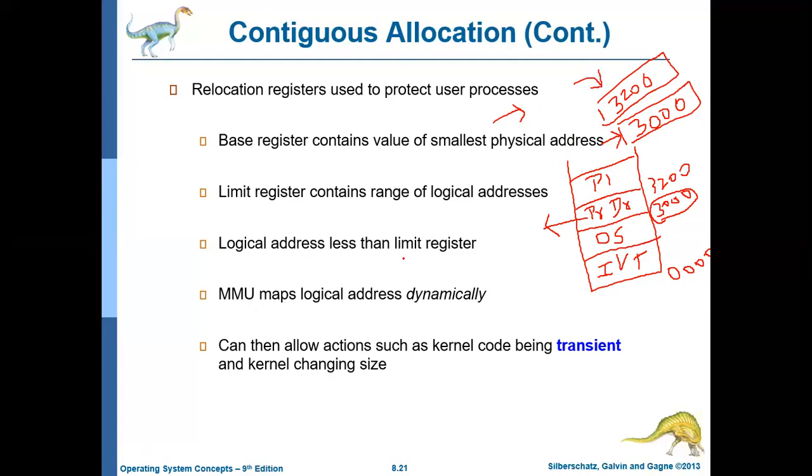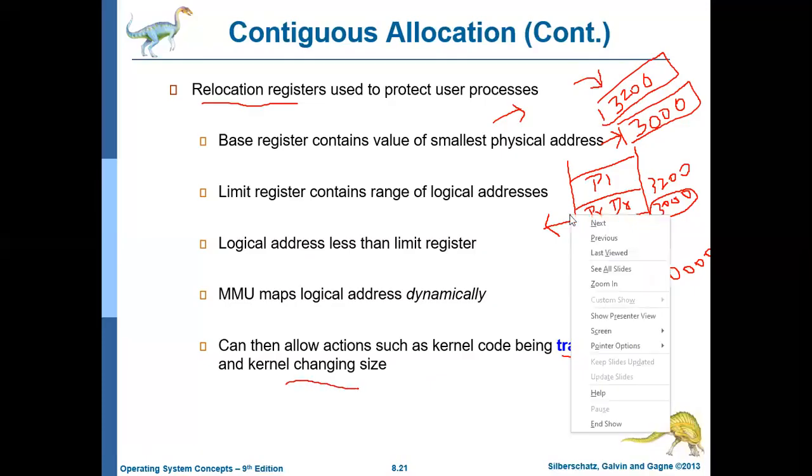So the base register is also called the relocation register. This feature of the relocation register allows the kernel, that is the operating system kernel, to include transient programs so that the kernel size can change dynamically. Operating system is nothing but the kernel.